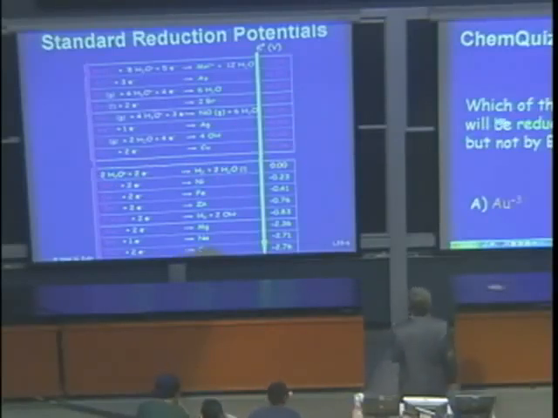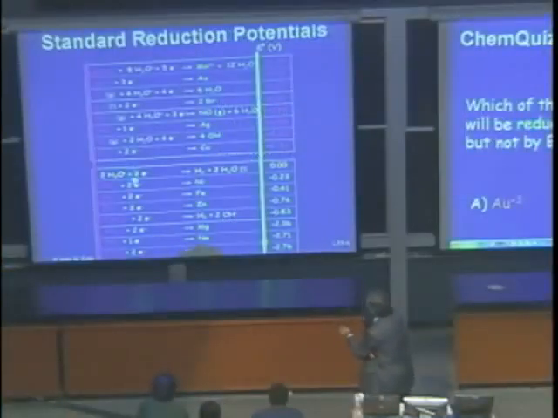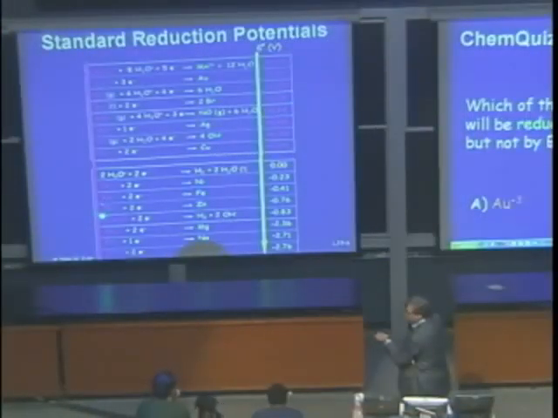So if it's reduced by zinc, zinc has to become oxidized. So this goes this direction, and that will be reduced by zinc.